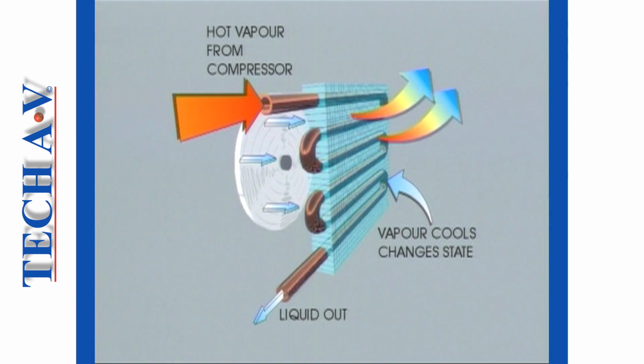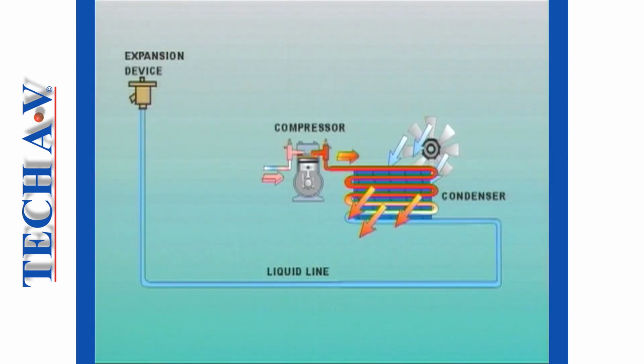A fan mounted on the condenser forces an airflow over the fins and carries away the heat into the atmosphere. The vapor in the tubing cools to a temperature below its saturation point and thereby condenses. Now in a liquid state, the refrigerant continues under high pressure along the liquid line to the expansion device.